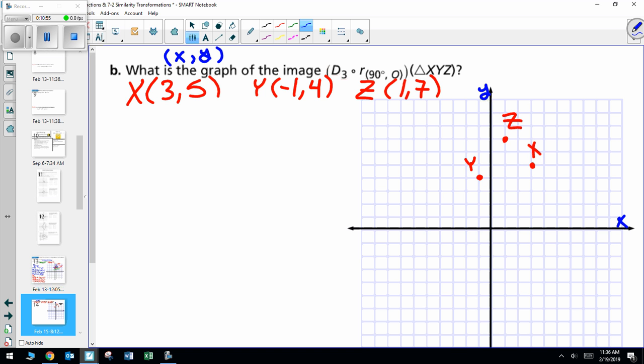So it's like 3 on the x-axis, 5 on the y. Okay, all right, and that's my original figure there.